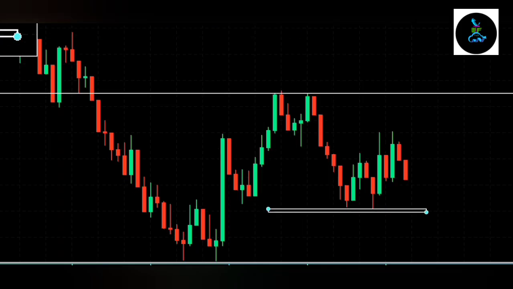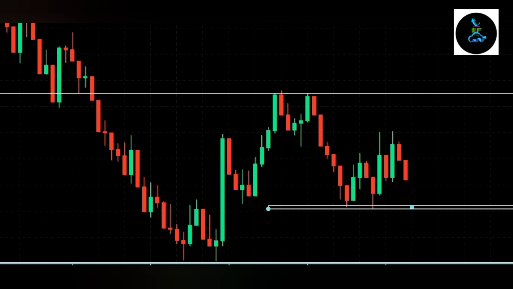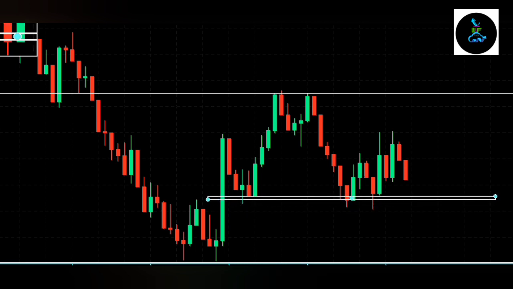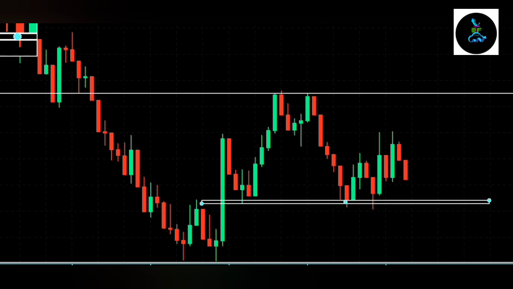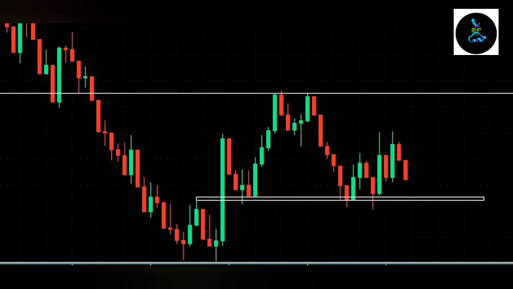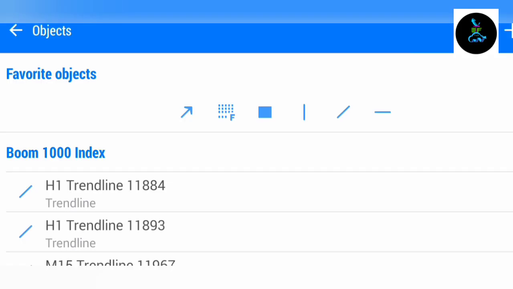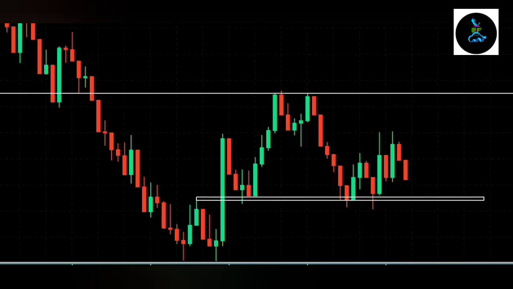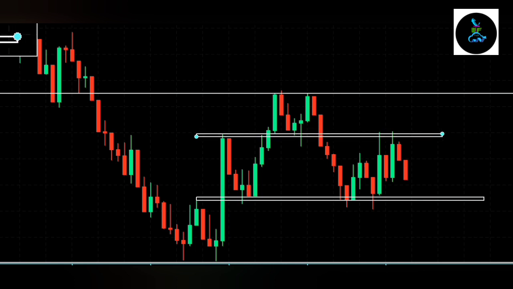We used only the 3 previous candles. So here you also place a support. This support is very important. Then you should add another one here. It's also very important.